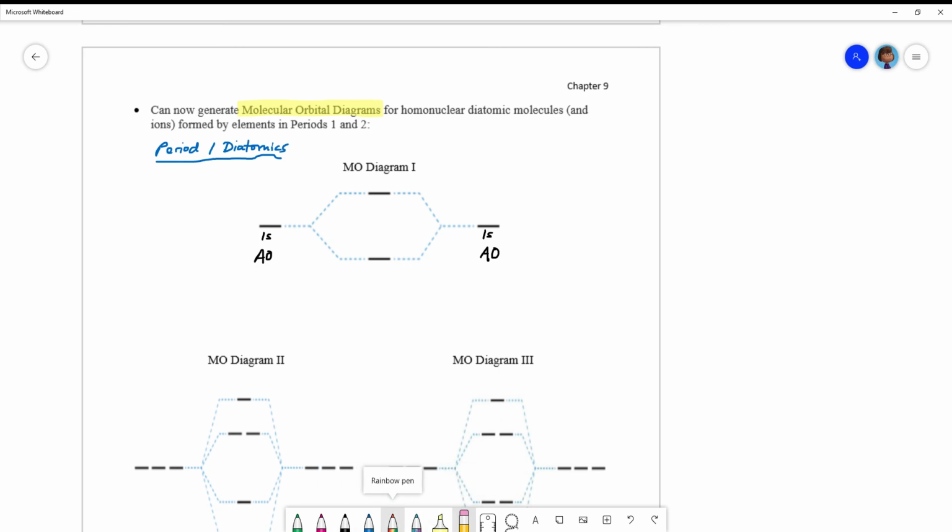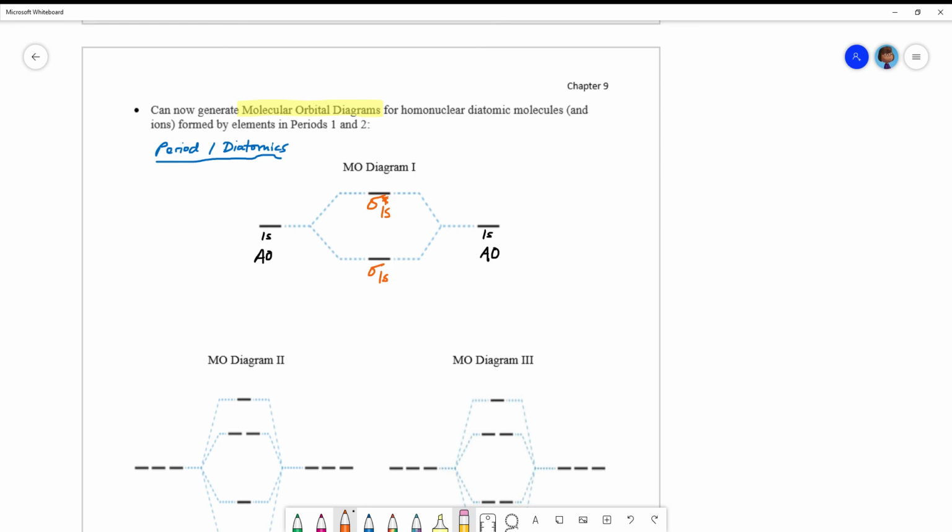And so the resulting molecular orbitals are going to be a low energy sigma 1s molecular orbital and a high energy sigma star 1s antibonding molecular orbital.